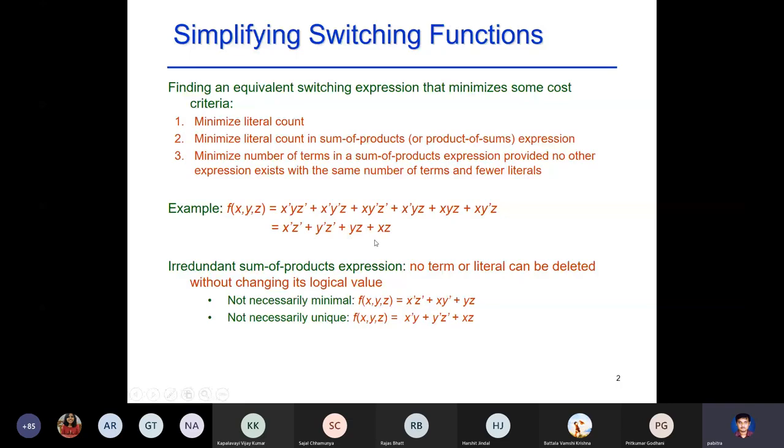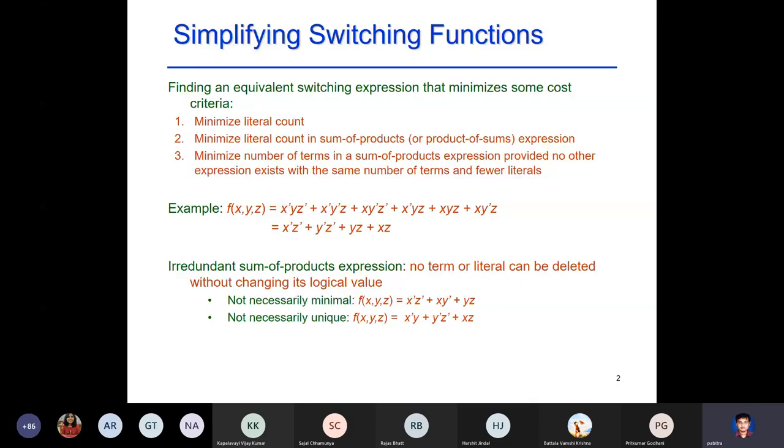Also, if you measure minimality in terms of the number of terms or number of literals, an irredundant expression does not imply it is minimal. If it is minimal, of course it is irredundant. You cannot drop anything from it. But being just irredundant does not mean, for example, that I cannot reduce some of the terms into a smaller form.